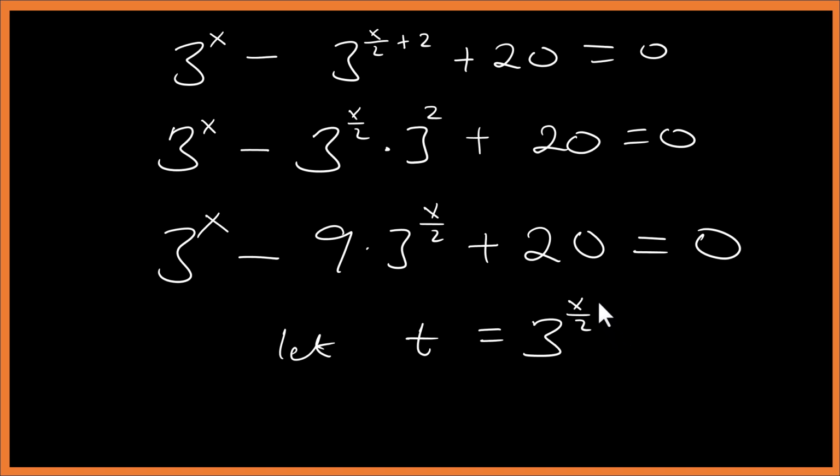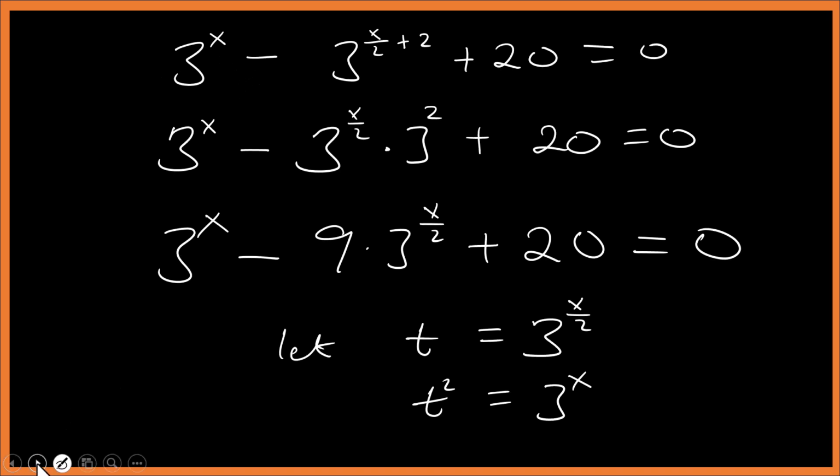If I square this and square that, this side will be 3 to the power x. So if t equals that, t squared will be 3 to the power x. As simple as that. So we can do the substitution. This side will be t squared and this side will be t, so that it becomes quadratic.